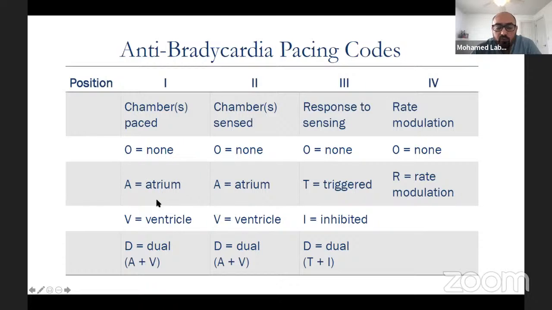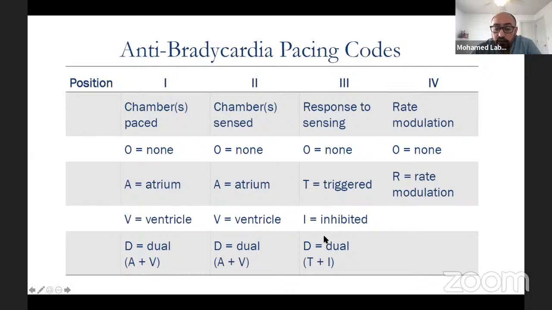So if you have a device that is DDDR, that means the device has the capability to pace in the A and the V. It senses both in the A and the V, and it can also trigger, meaning if you see an event in the A, you wait in the V, and the A basically triggers V pacing if you pass the AV interval, and we'll show an example of that.